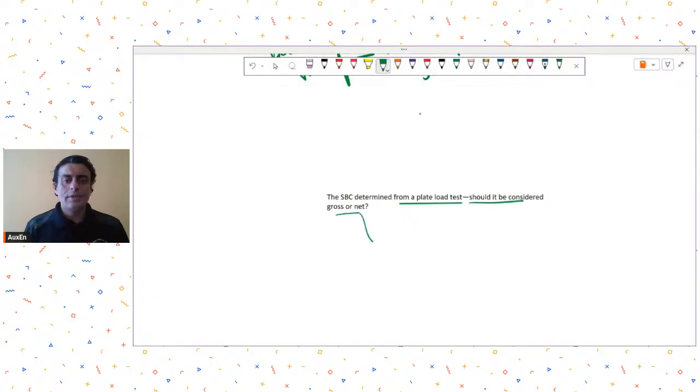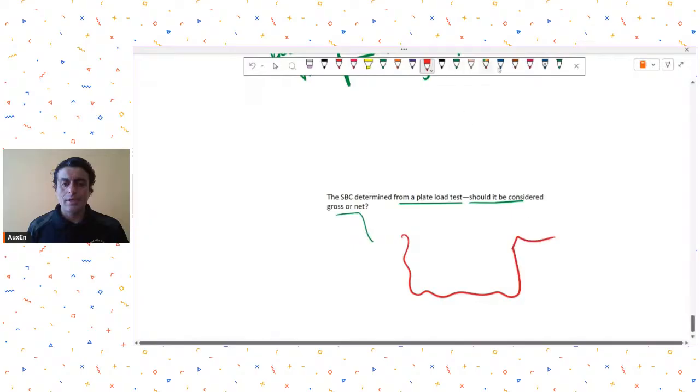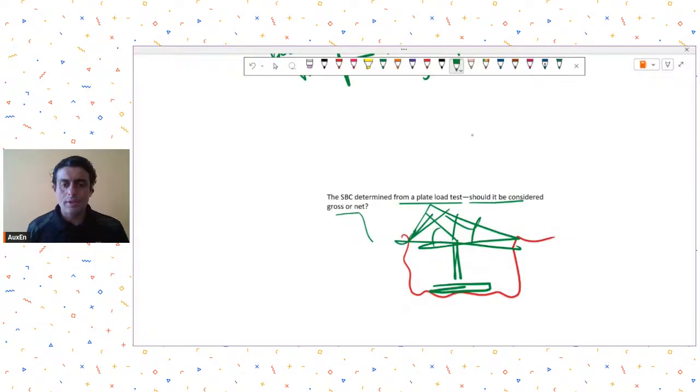No, it is net basically, because you are digging a hole like this, and then at this level you are carrying out the plate load test.